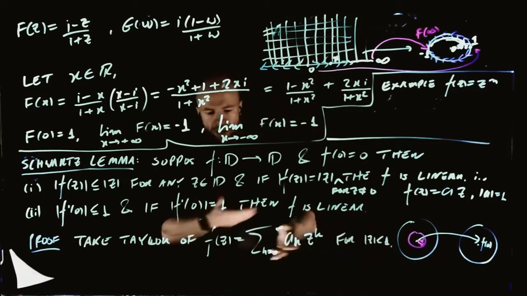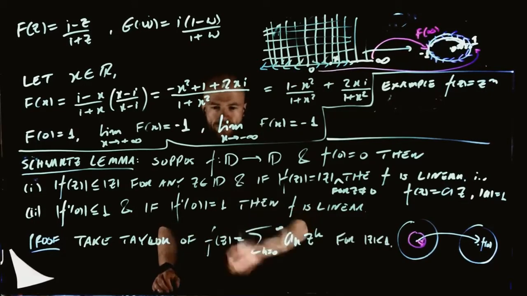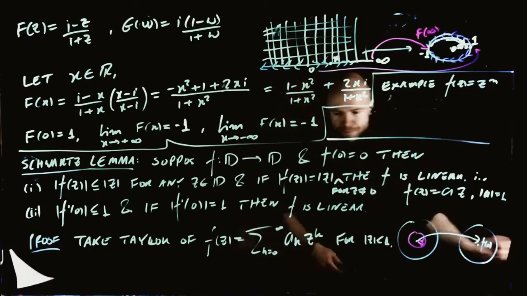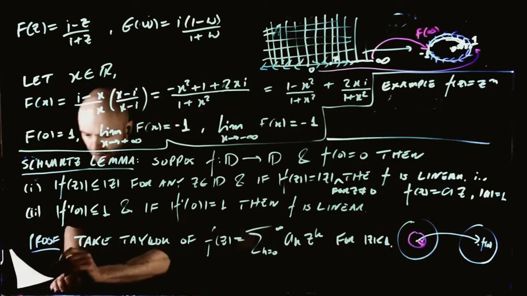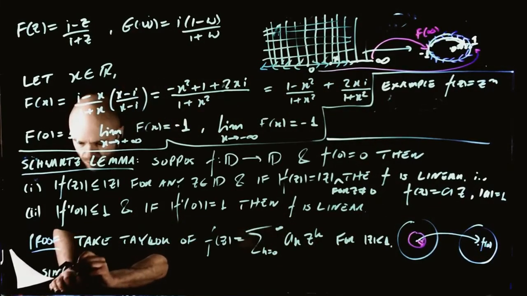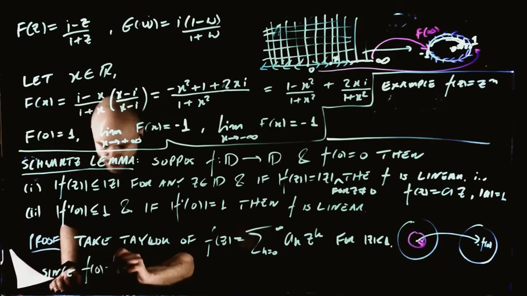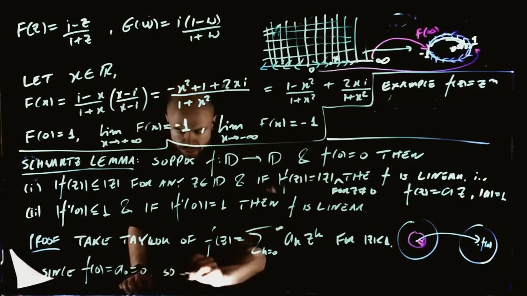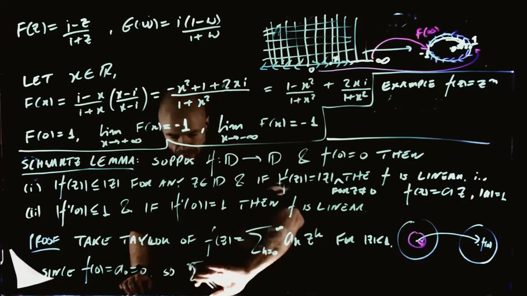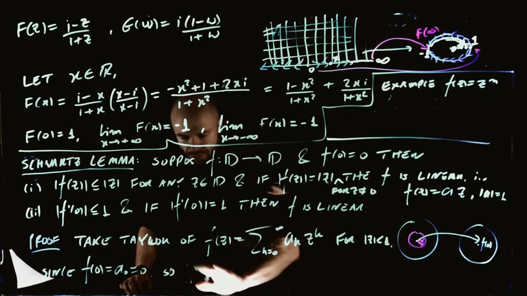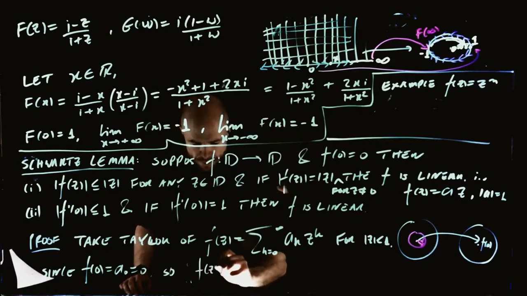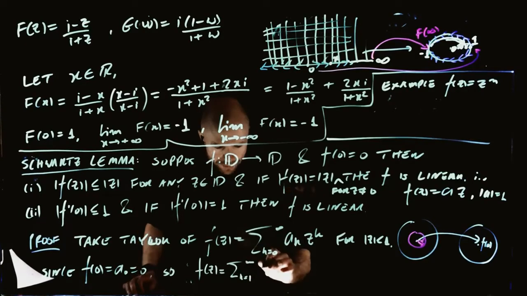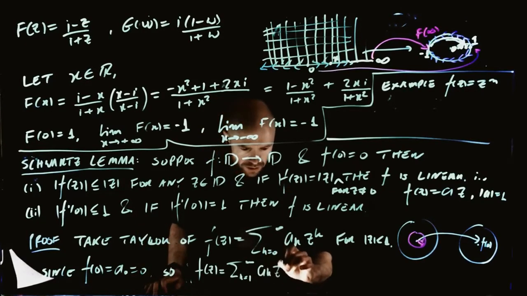And tell me something we know about this straight away. What do we know straight away about the Taylor series? Since f(0) is just a_0, which is equal to 0, we actually have that f(z) is equal to the sum from k equals 1 to infinity of a_k z to the k.